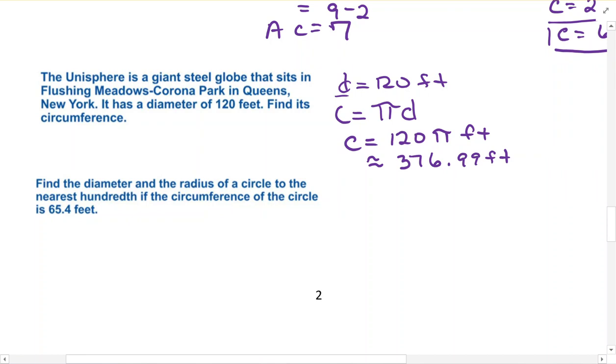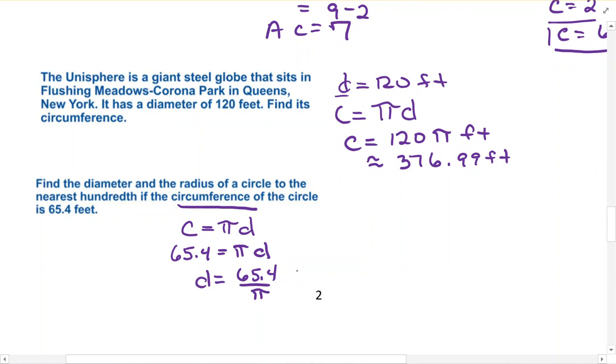We want to find the diameter and radius of a circle if the circumference is 65.4 feet. So we know that the circumference is pi d. We know we have 65.4 equals pi d. So if we divide both sides by pi, we have the diameter of 65.4 divided by pi, which is approximately 20.82 feet.